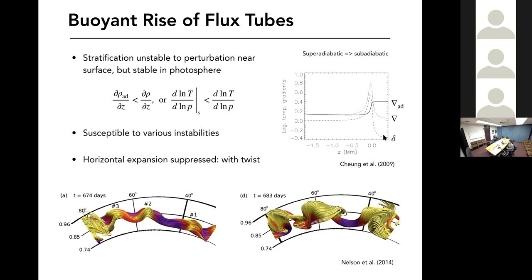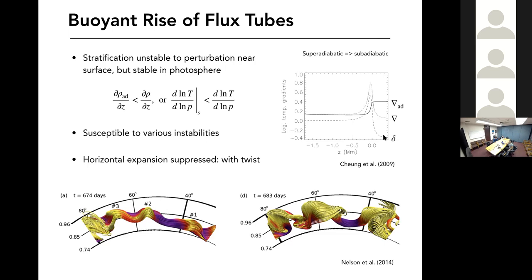It might be shredded. Assume that horizontal expansion will not stop, then the flux tube will no longer stay coherent. That is not what we observe, because we need the flux tube to be coherent to emerge. So there should be some mechanism to stop the flux tube from expanding horizontally indefinitely.